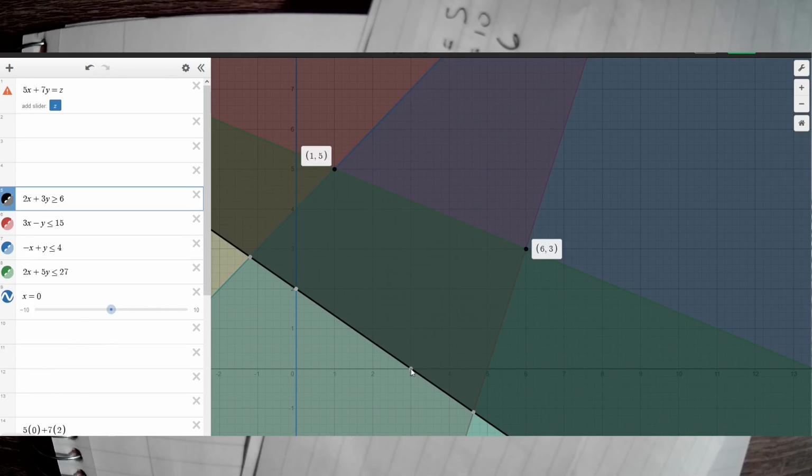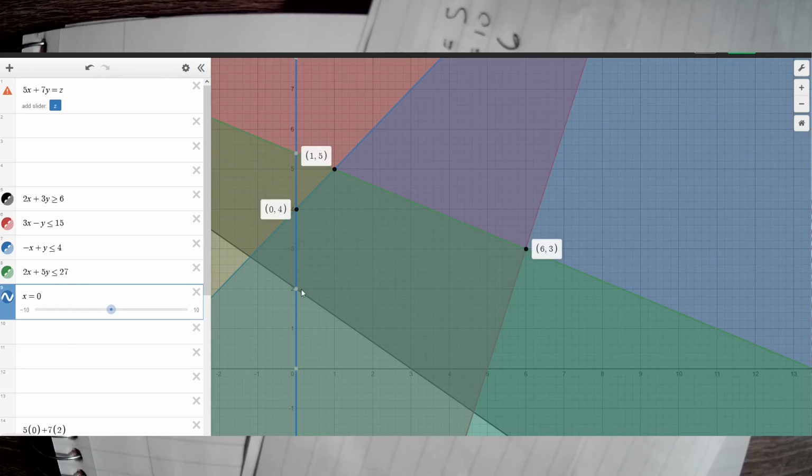So all we need to do here is find the solutions, these vertexes, by finding the solutions of the corresponding equations and then plugging those vertexes into this equation up here to find if it has a high value or low value. Now we would find these vertexes, like I said, by finding the solutions between two of the equations, right?